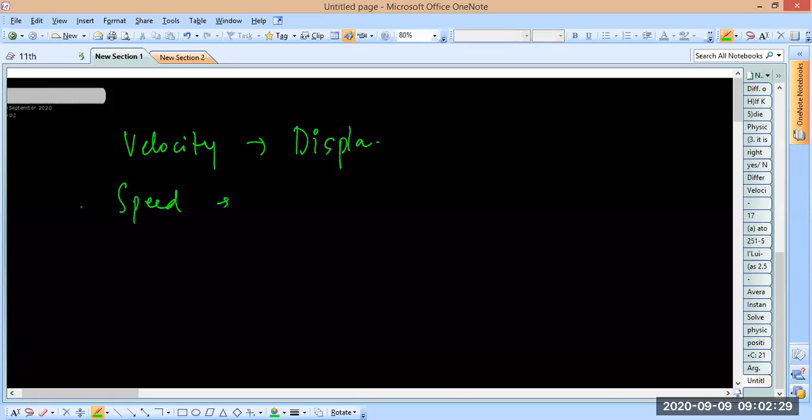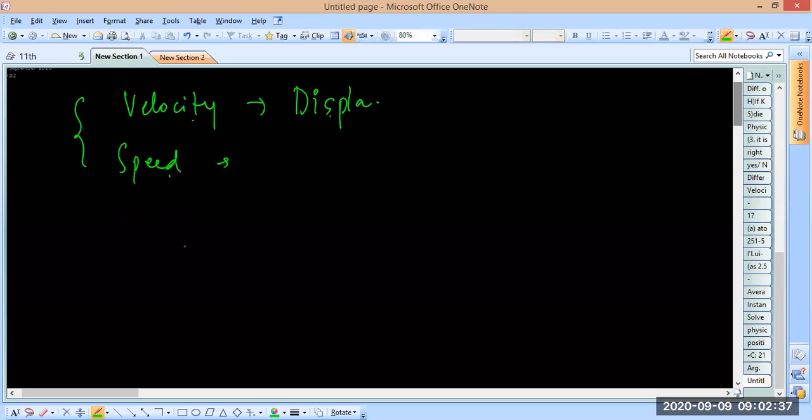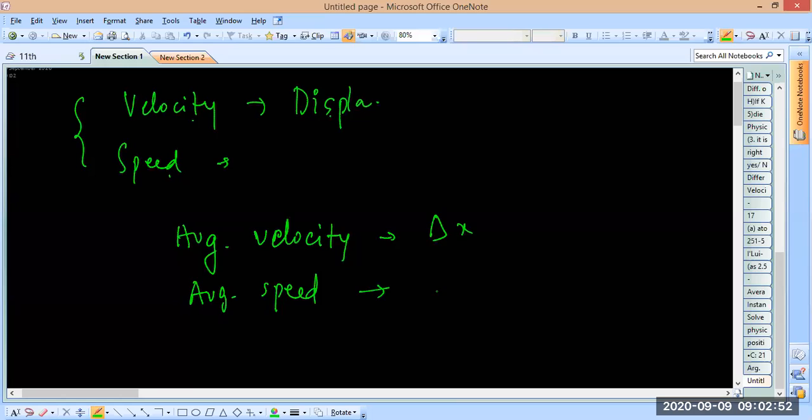But frankly speaking, these ideas that velocity depends on displacement and speed does not depend on displacement, actually they are true about average velocity and average speed, correct? Average velocity depends on displacement and average speed depends on path length, right?